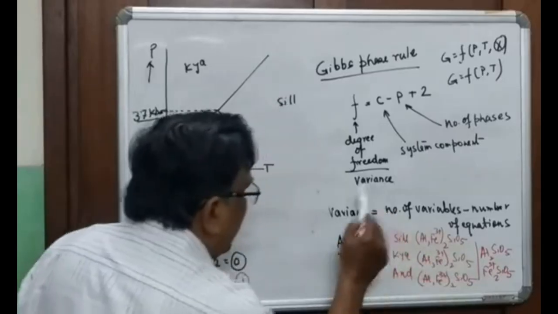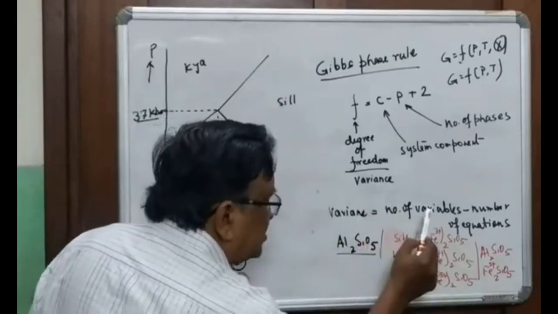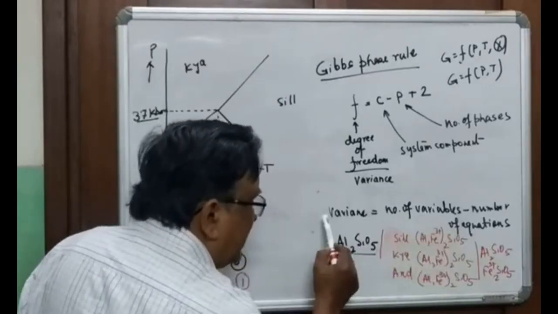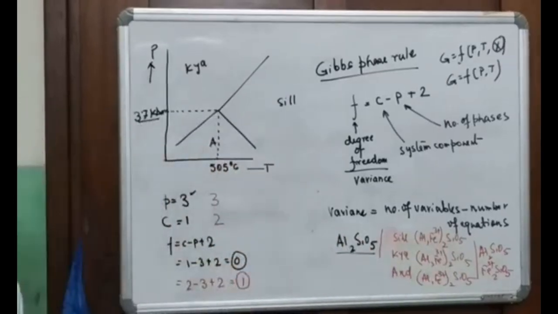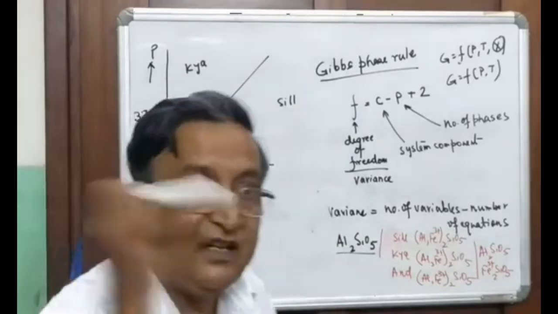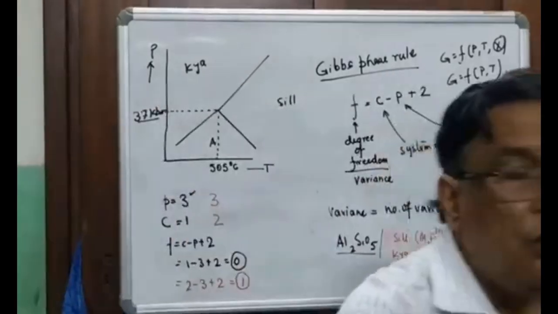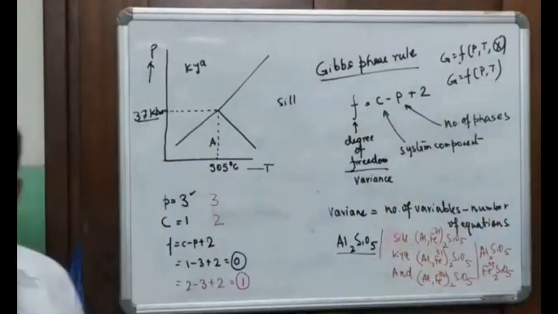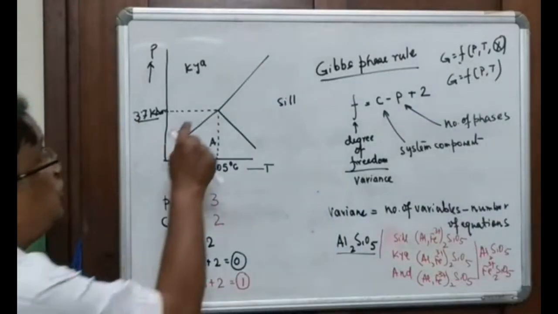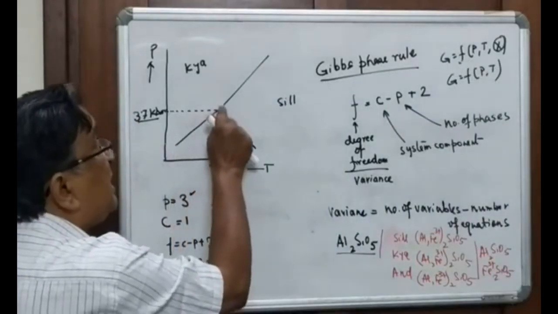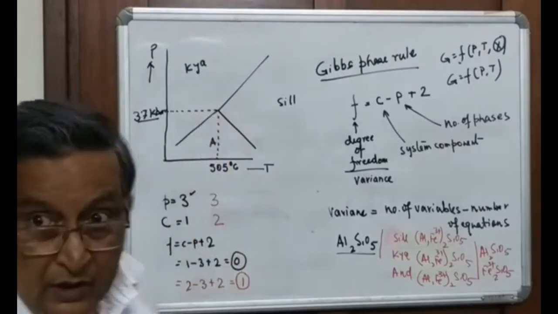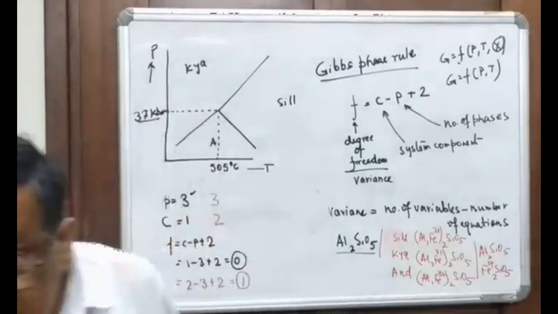That means the number of variables is equal to 1 plus the number of equations. That means one additional piece of data you need. That means you don't have a unique PT value. It is not an invariant point.